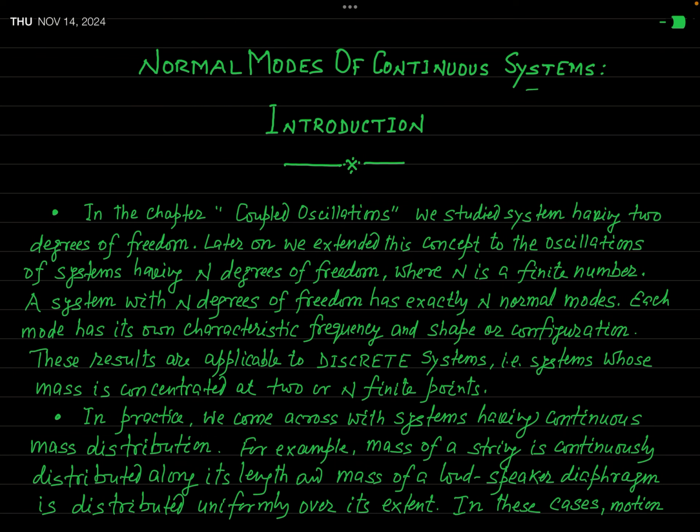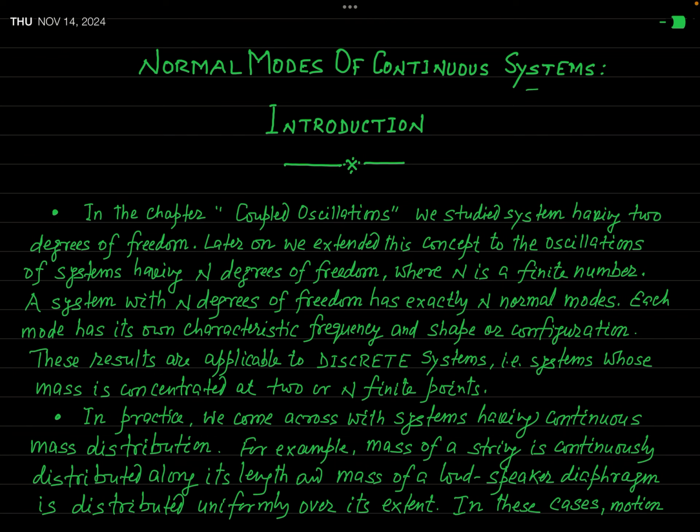Previously we have learnt about the oscillations of systems having 2 degrees of freedom. When you say oscillations of a system having 2 degrees of freedom, it means you are talking about the problem of coupled oscillations. And you can remember, I have already provided videos on these coupled oscillations previously.